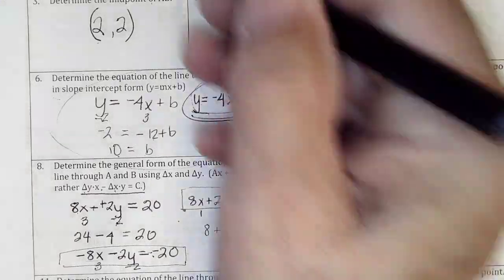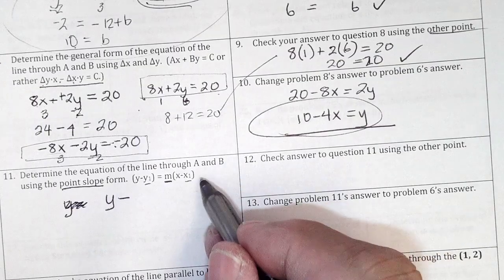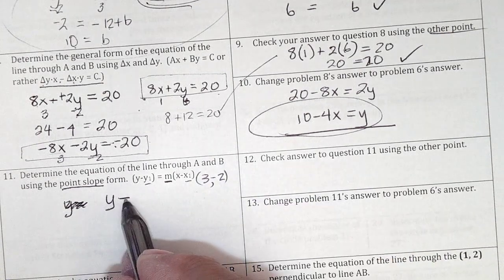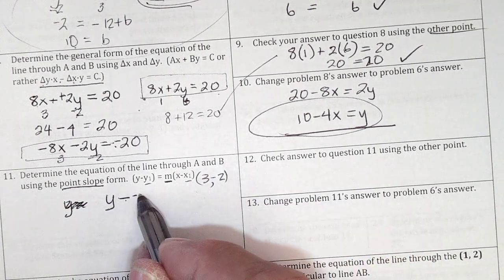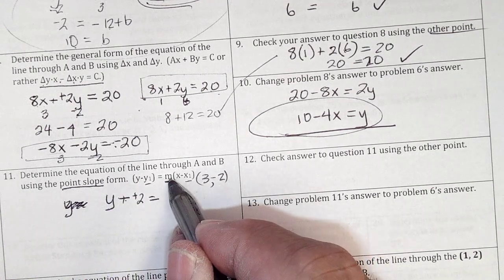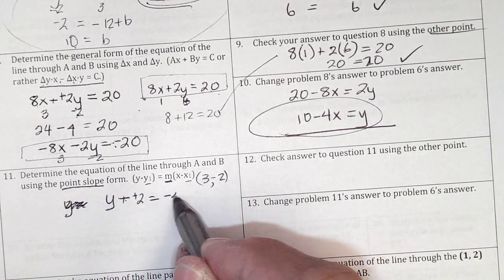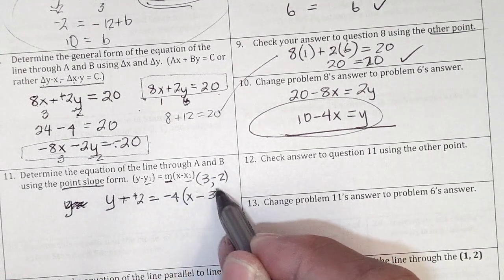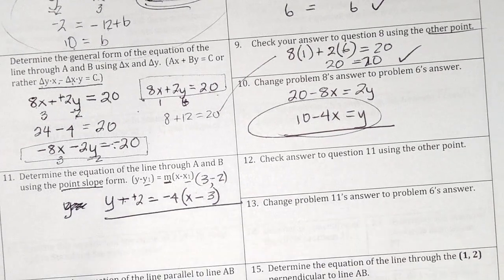So if I choose the first one, I'm going to choose the 3, -2. So y minus the y coordinate, a -2, so that's y plus 2, equals the slope, which we figured out earlier is -4, times x minus the x coordinate. There's the equation of the line.